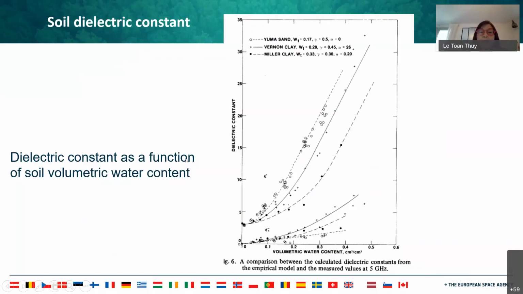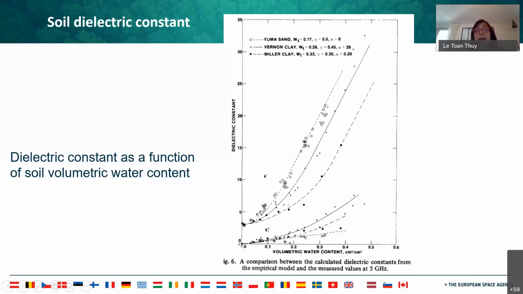And here the dielectric constant, the real part and imaginary part. I just want to give you the notion, the concept, because there are a lot of textbooks about that. Here it's interesting to see three kinds of soil, comparing volumetric water content and dielectric constant. The more water you have, the higher the dielectric constant.